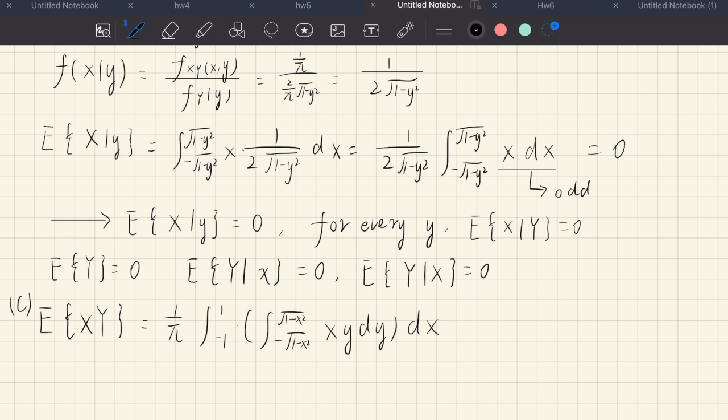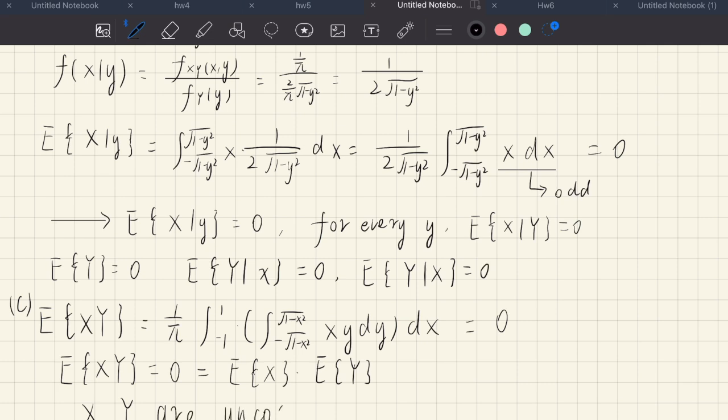This is an odd function, as you can see, so the final result should be 0. We can see that the expectation of XY is 0, and this is equal to the expectation of X times the expectation of Y. So X and Y are uncorrelated.